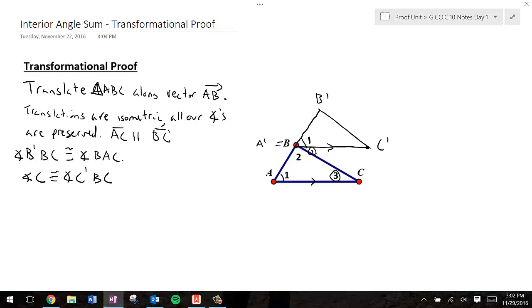That allows me to place a 3 up there, and it allows me to say that at vertex B, angle 1 plus angle 2 plus angle 3 equals 180 degrees. We've got a straight angle right here at vertex B by using parallel lines along with angles being preserved due to an isometric transformation. So all that stuff we focused on earlier in the year is now all coming back as we tie in here with our triangle proofs.